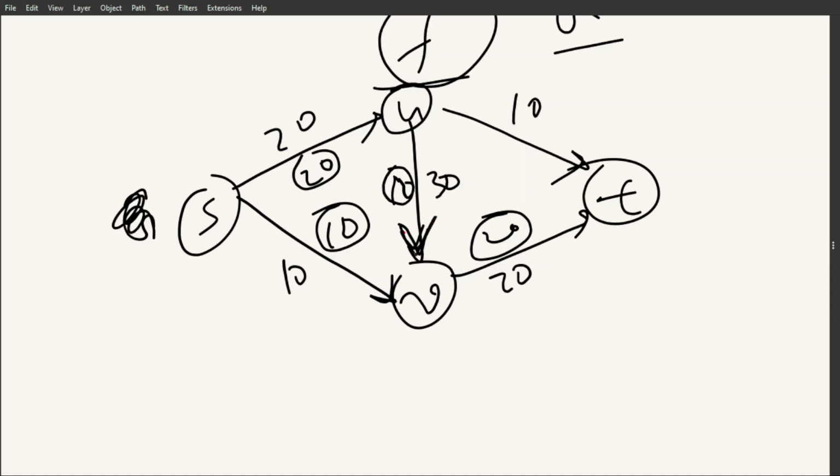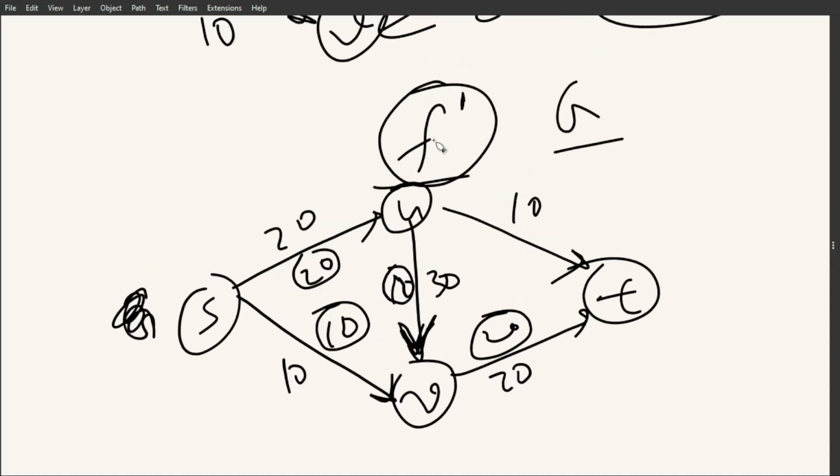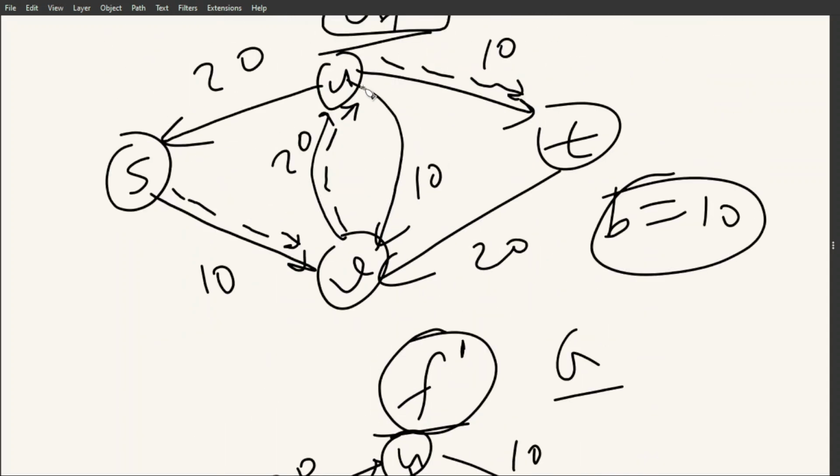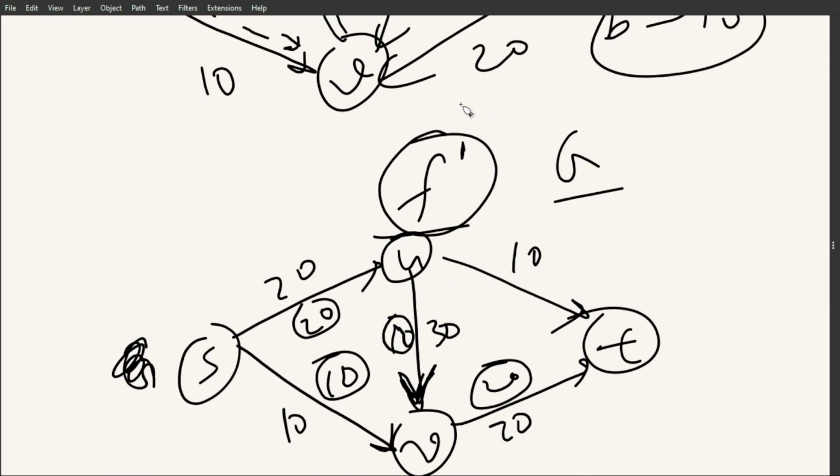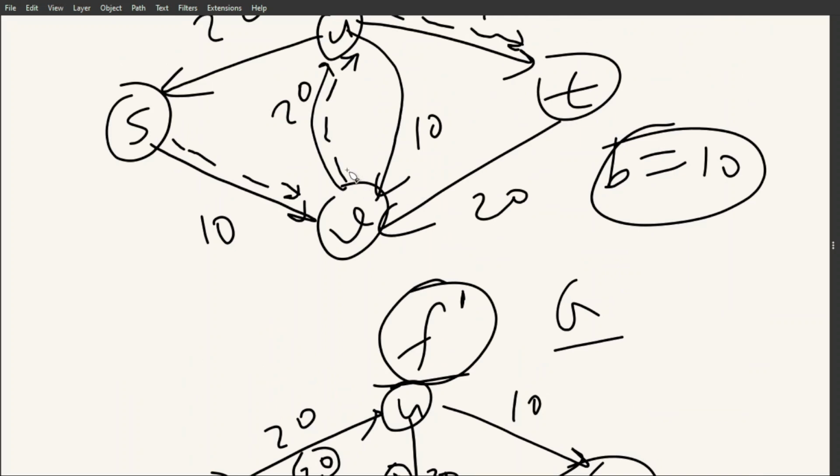So the direction of the flow is same. Next we have this, and this is a forward edge. So forward edge, just add. So how much flow? Here we have decreased the flow.